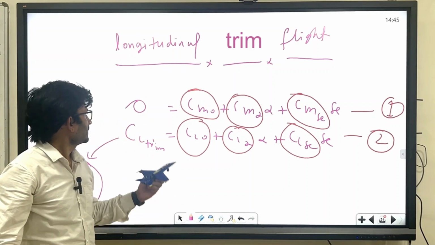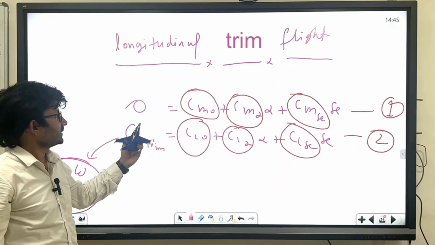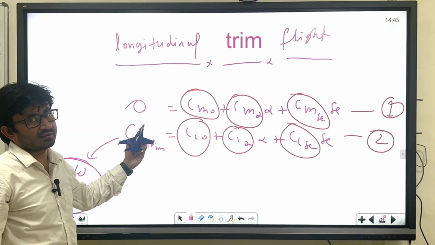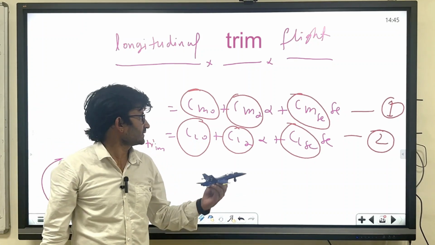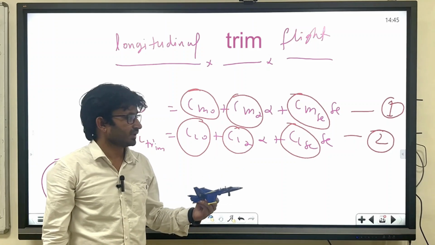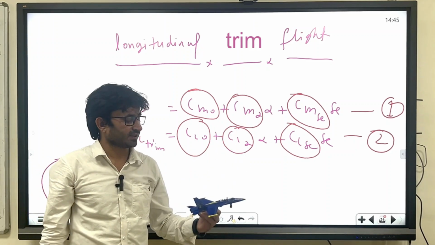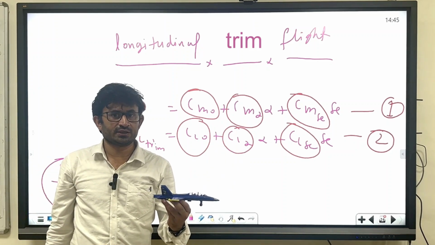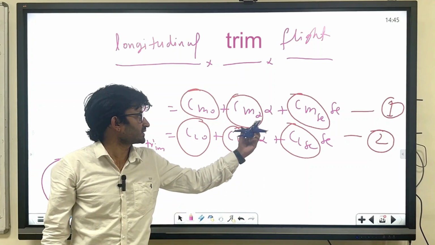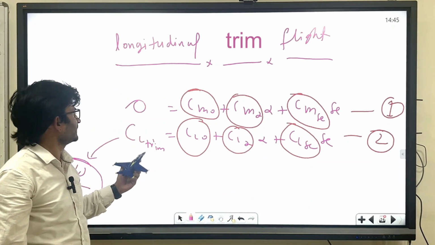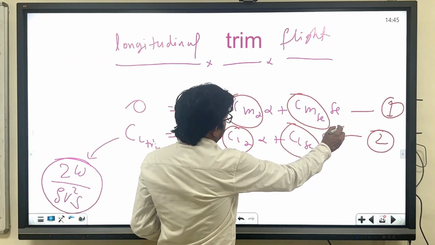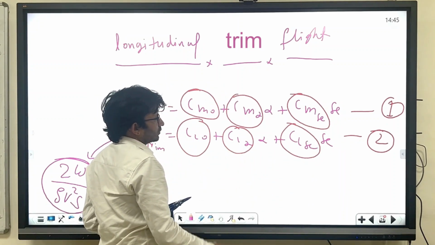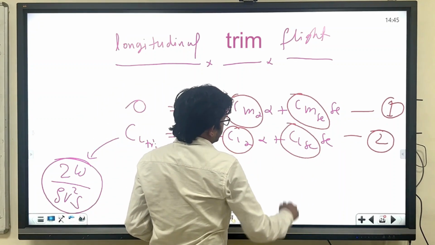That means Cm is 0 and whatever angle of attack you are flying, that is the trim angle of attack. Okay, this alpha is the trim angle of attack, and whatever CL you are flying corresponding to this angle of attack will be the CL trim.